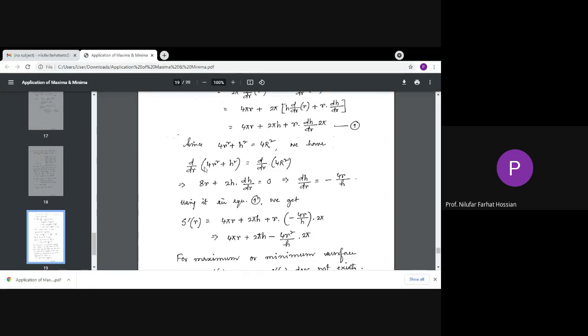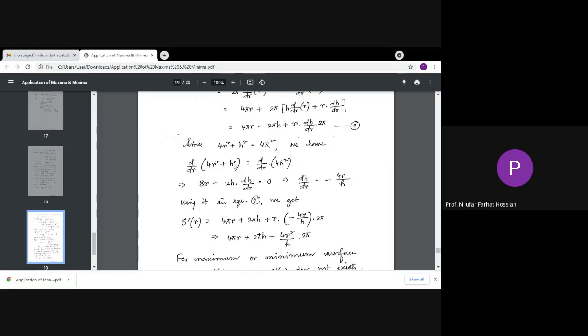And what is happening here? Again, you differentiate the two terms separately. For 4r square, from r square you are getting 2r, so it will be 8r. And here d/dr of h square, what will it be? At first you have to differentiate h square with respect to h, so it will be 2h, and it should be multiplied by dh by dr. It comes from the chain rule, because here h is not expressed as a function of r.